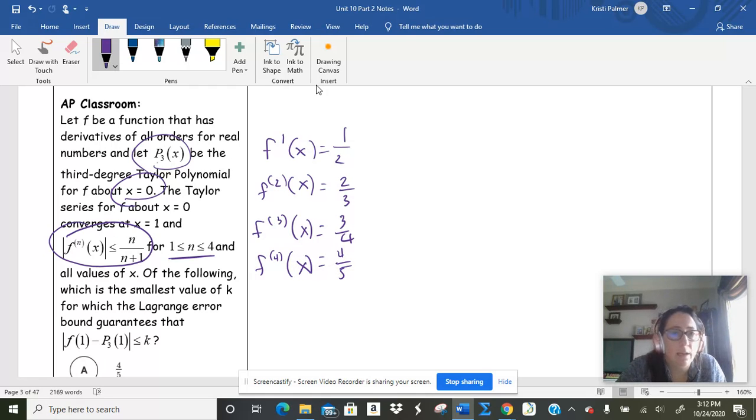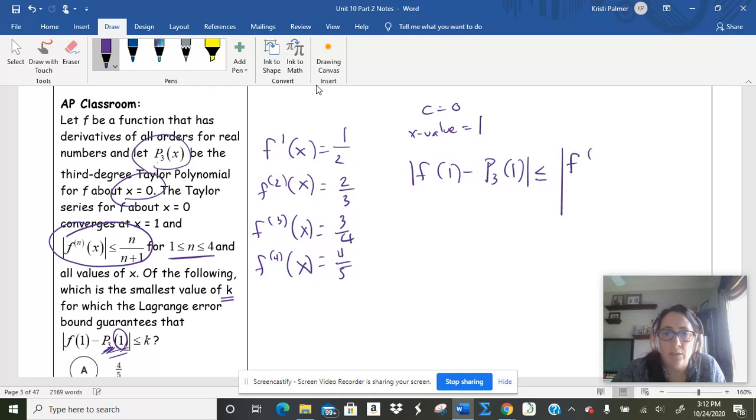And it says, which of the following is the smallest value for k for which the Lagrange error bound guarantees this? All right, so I was centered at 0, my x value I'm plugging in is a 1, and I went to the third. So let's see if we can set up the actual minus the approximate has to be less than or equal to the next derivative.